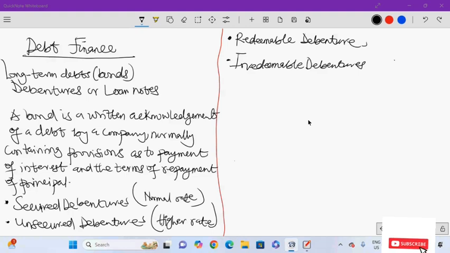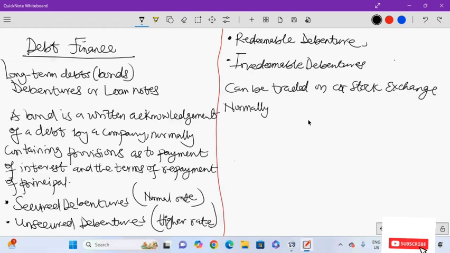So debentures can be traded on a stock exchange, and they are normally in units. A unit of 100 cedis.